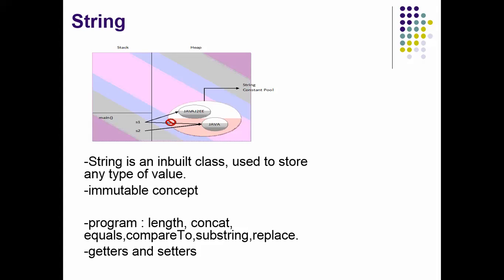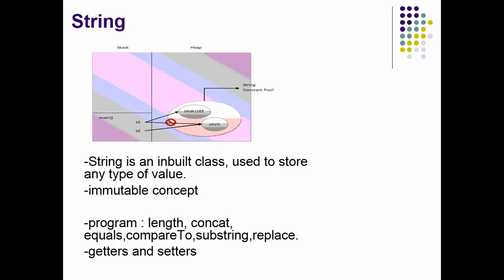To convert letters into uppercase, we use toUpperCase, and to convert into lowercase, we use toLowerCase. So there are lots of methods in the String inbuilt class, and we can make use of them to perform operations on strings.